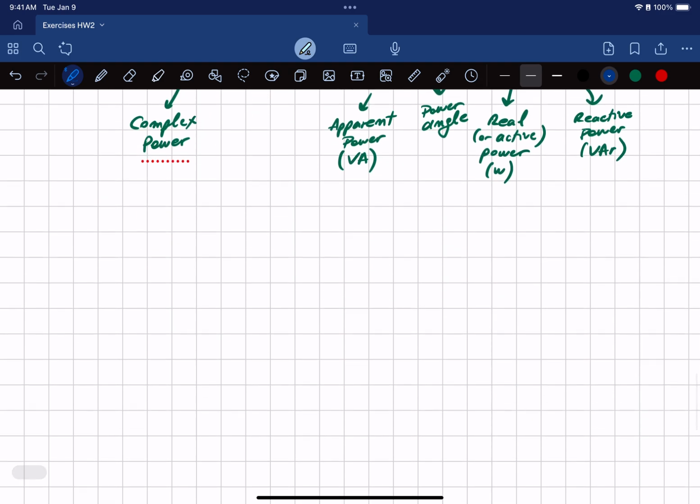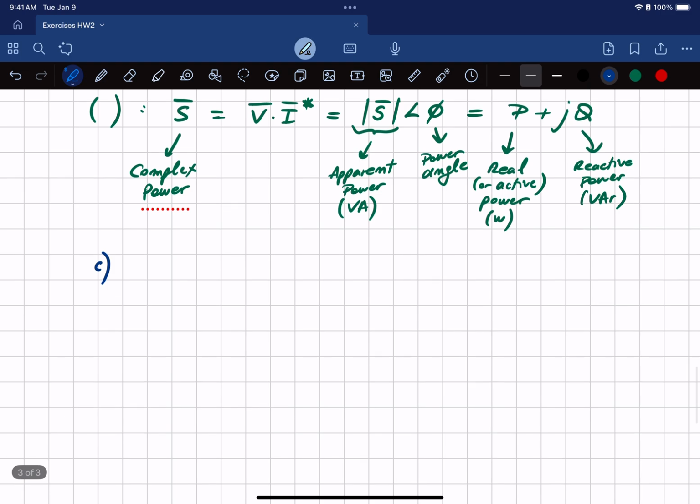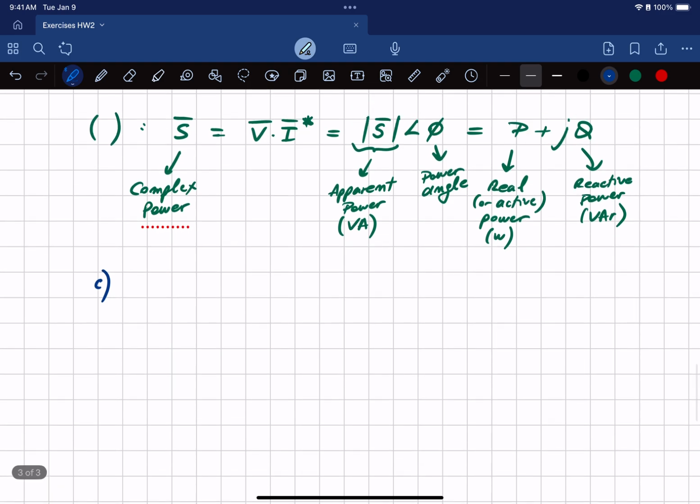Okay, now let's calculate things. Now that we know all this, we're going to calculate the apparent power. Let's use the definitions. Once you are comfortable with this definition, you can skip some things, and I'm going to give you some hints on that. So V and I we already know.